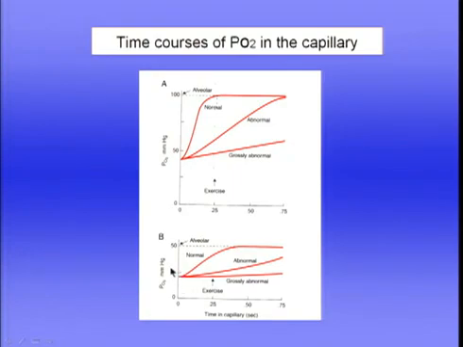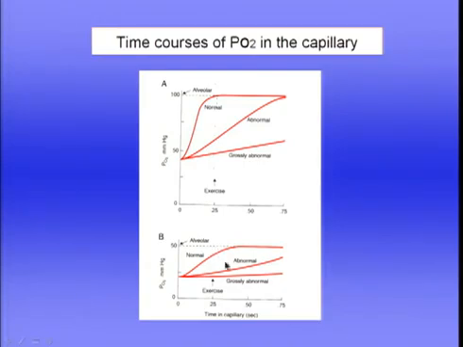So the partial pressure gradient is very much lower. What happens is that under these conditions, the increase in PO2 is slower, and it takes longer for the PO2 of the blood to reach that of the alveolar gas. And in fact, on exercise, you would expect under these conditions that some diffusion limitation could be seen.